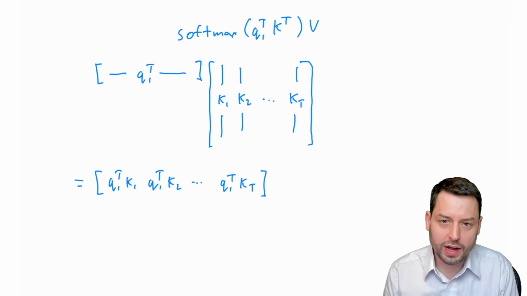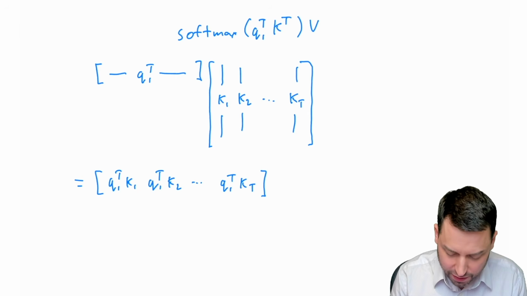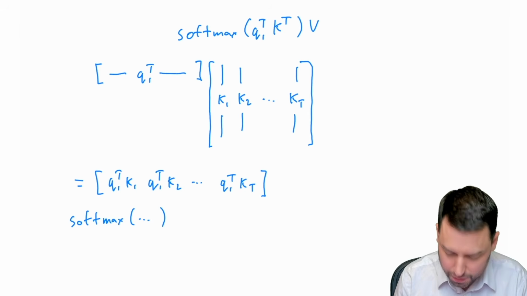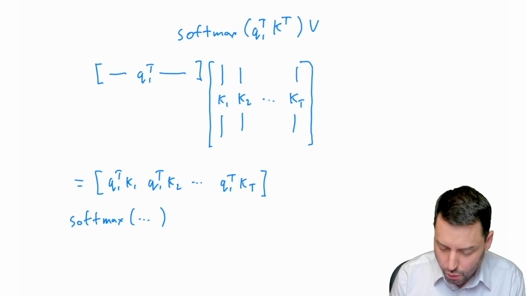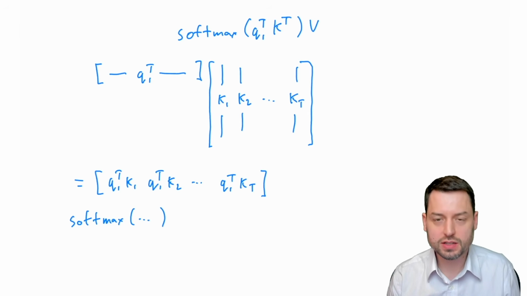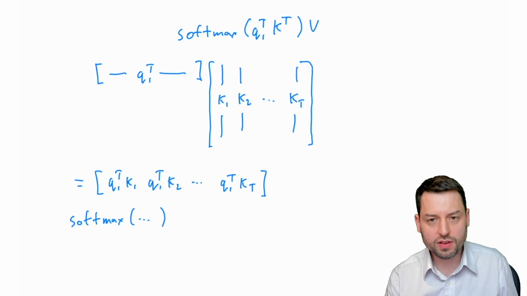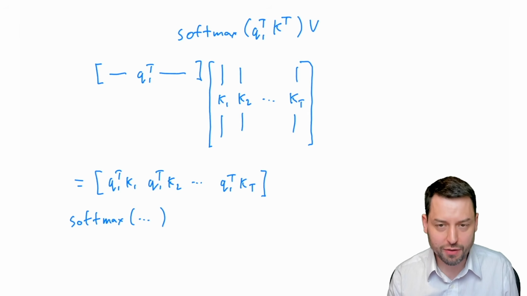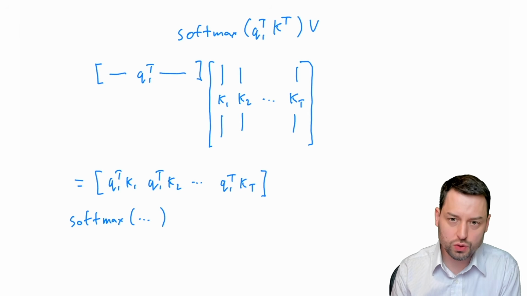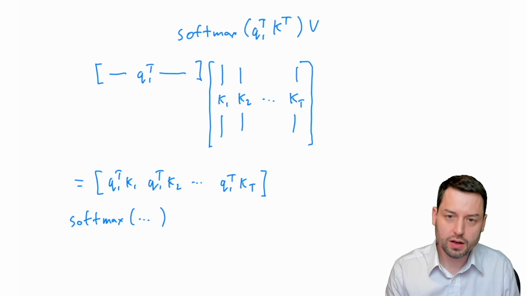So now let's consider what happens when we take the softmax of this thing. When you take the softmax, you're exponentiating everything and normalizing, so elements that are large get close to 1, and elements that are small or negative are close to 0.